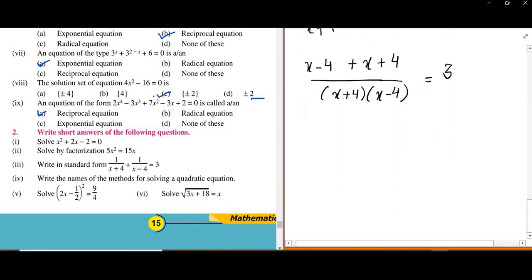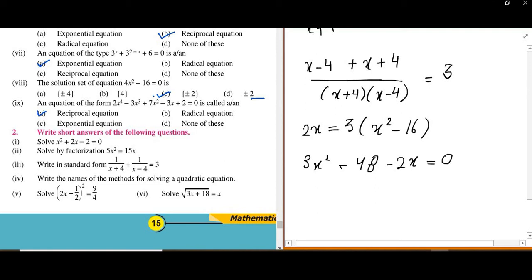So this becomes 2x equals 3 into, just multiply the two terms in the denominator, you will get x square minus 16. This becomes 3x square minus 48 minus 2x equals 0. So the standard form for this is 3x square minus 2x minus 48 equals 0. This is the standard form. Clear?